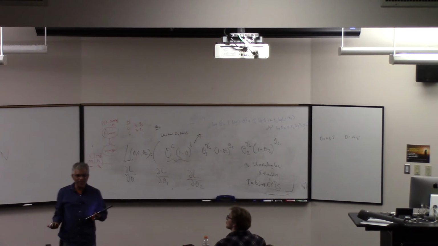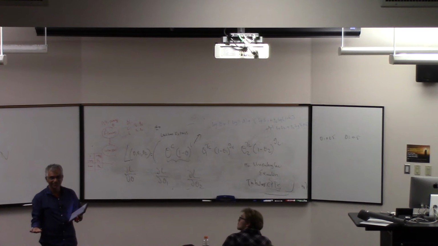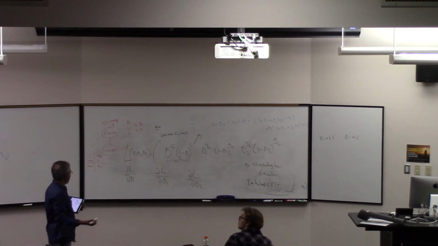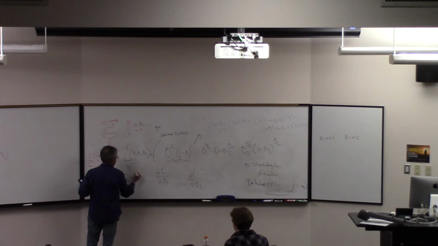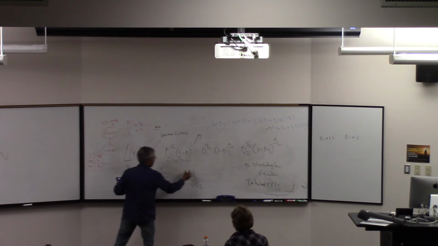And notice that each piece only has one of the variables. Now, this is L, I always take the logarithm, the log likelihood.